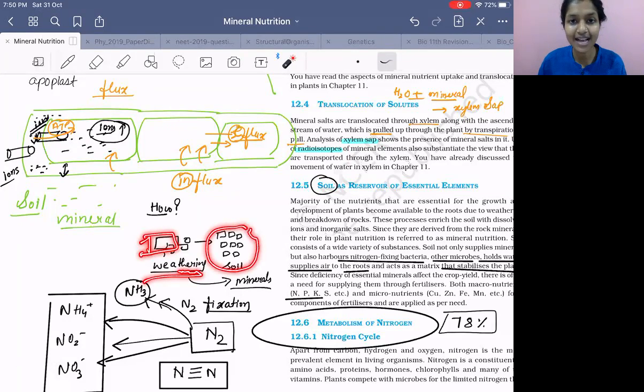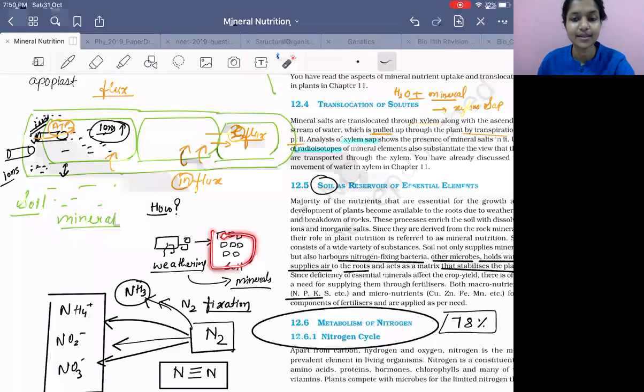You know that rock has a lot of minerals, right? Yes or no? Yes, it has a lot of minerals. So all those minerals, where are they? They are mixed with the soil. From the soil, the plant is going to absorb the minerals, right?